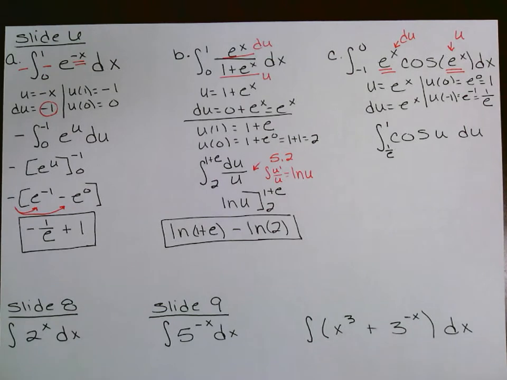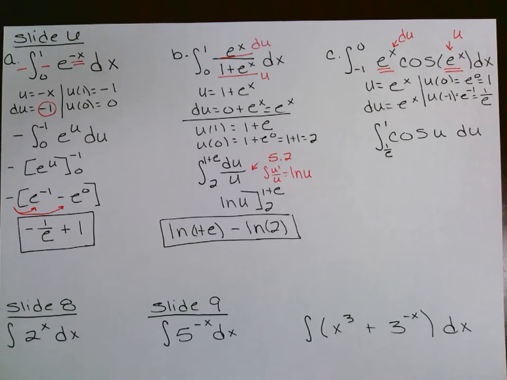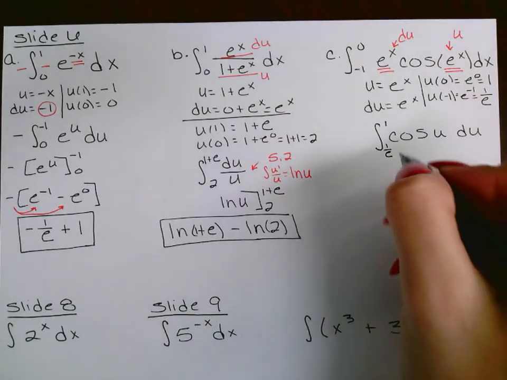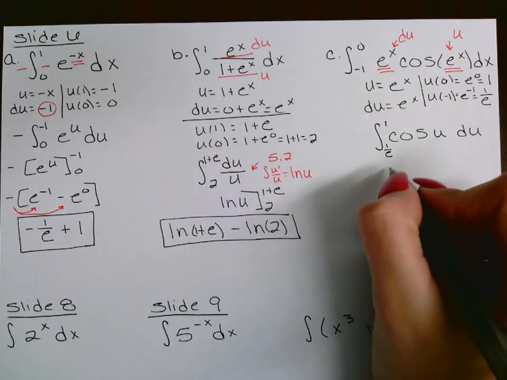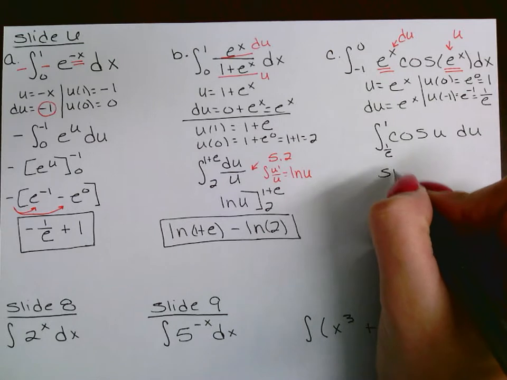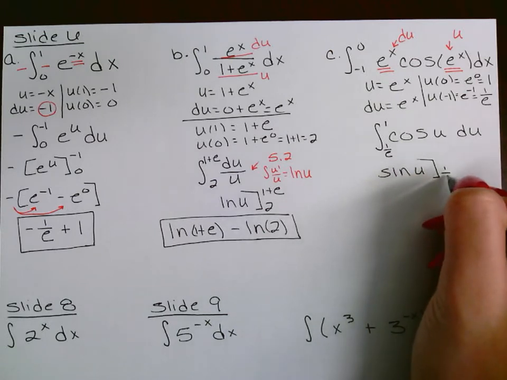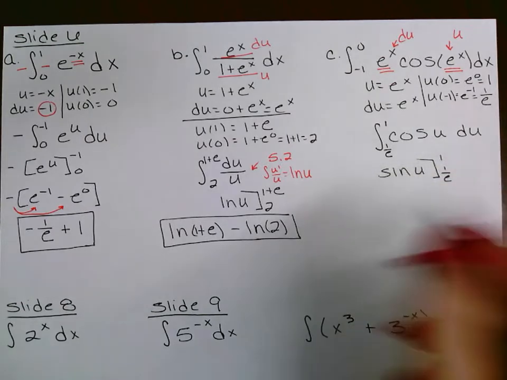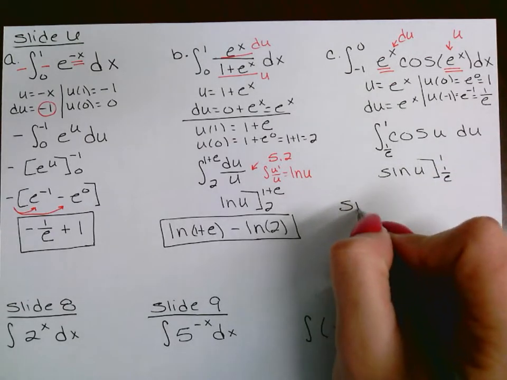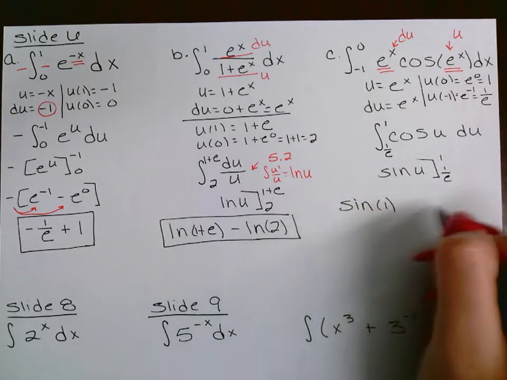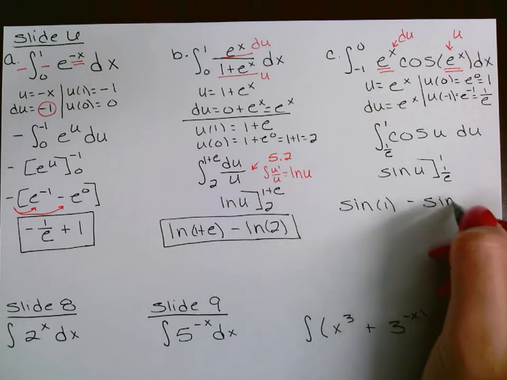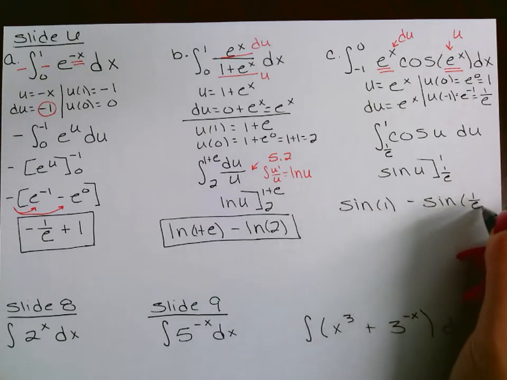Antiderivative of cosine. Just positive sine. Remember with integrals, if the answer has a c, that's when you give the negative. So I have a positive sine of u from 1 over e to 1. And now sine of 1 minus sine of 1 over e.